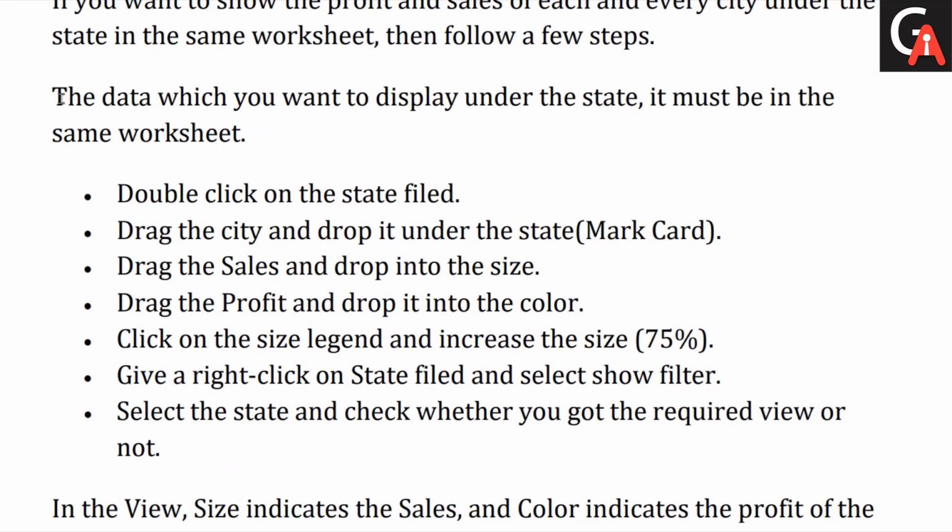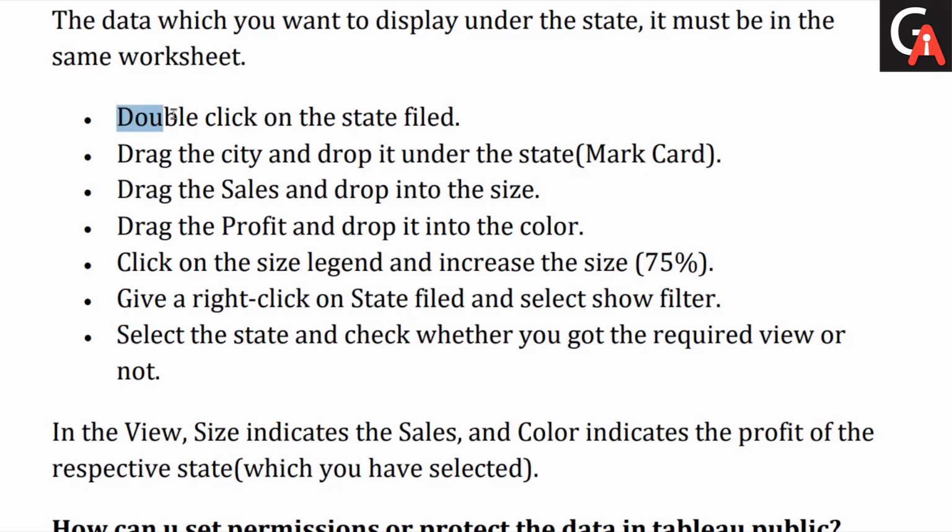Okay, the data which you want to display under the state must be in the same worksheet first of all. Then double click on the state field, drag the city and drop it under the state, go to the marks card, drag the sales and drop it into size, drag the profit and drop it into color, click on the size legend and increase the size to 75%, right click on the state field and select show filter.